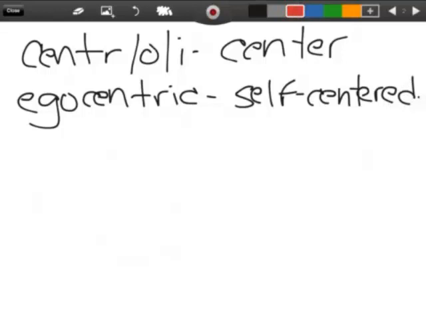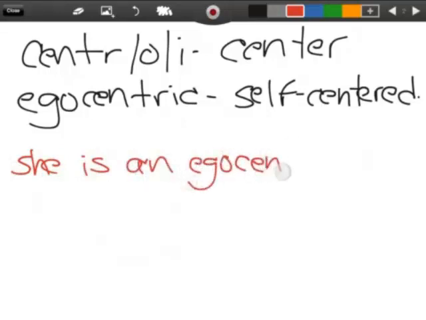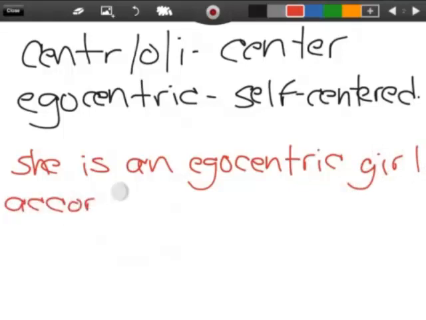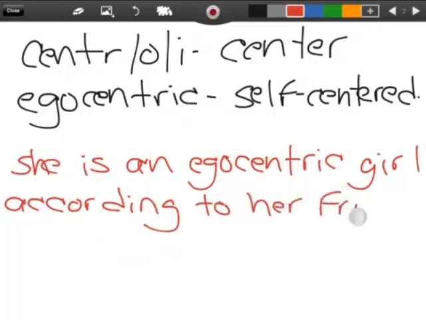And if I wanted to use this in a sentence, I'm going to say, she is an egocentric girl according to her friends.